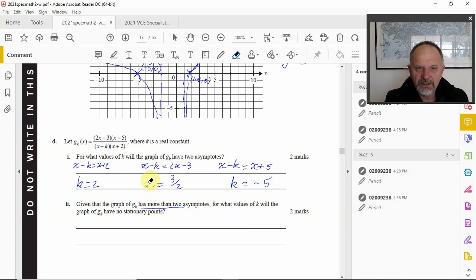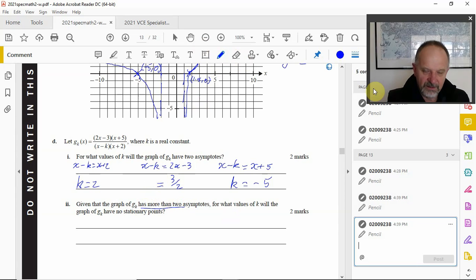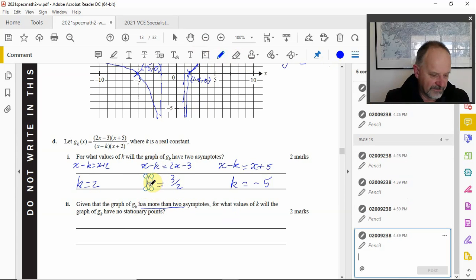This shouldn't be x, it should be k, that one. All right, so k equals 3/2. So these three, more than two asymptotes. So k is definitely not those three. All right, so it could be other things.